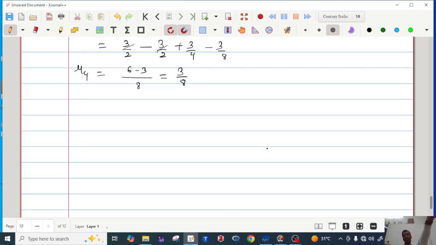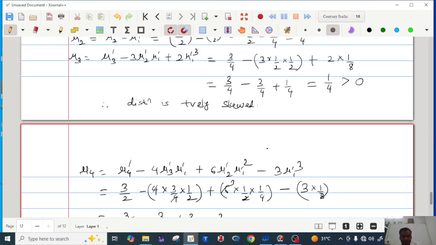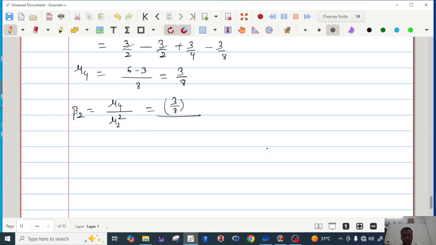So already we have discussed the coefficient of skewness. The distribution is positively skewed. Let's discuss gamma 2. Beta 2 is mu4 upon mu2 square. Mu4 is 3 by 16, mu2 square is 1 by 4 square, that is 1 upon 16. Beta 2 is 3.